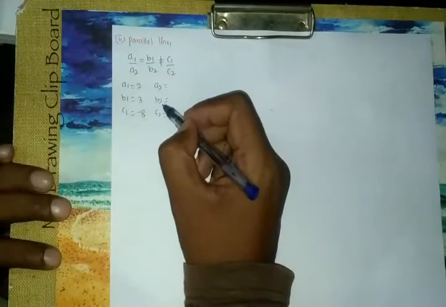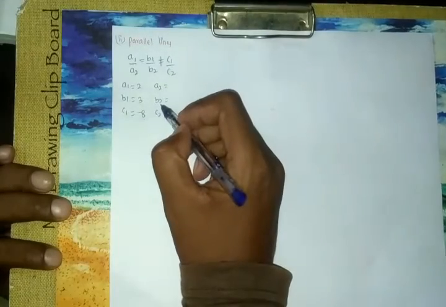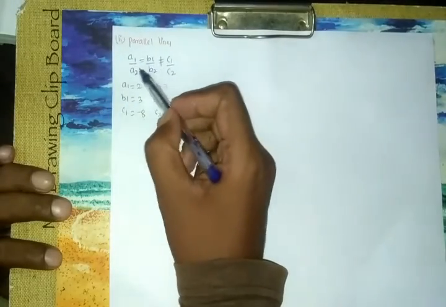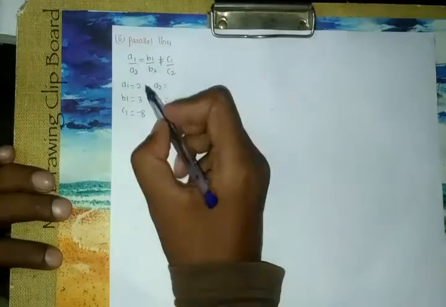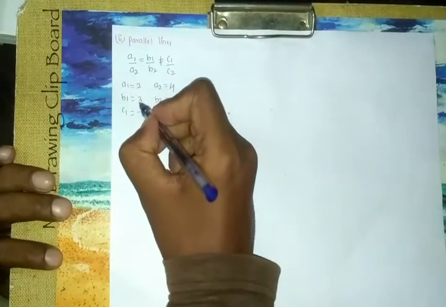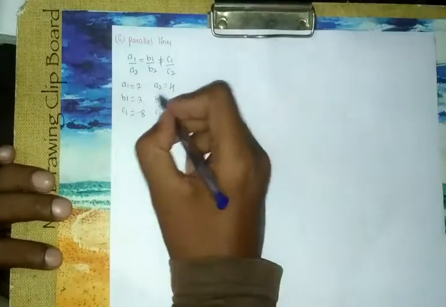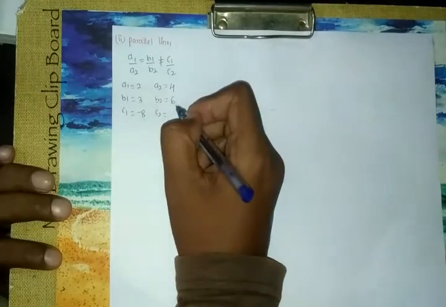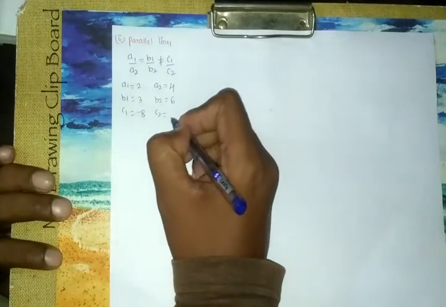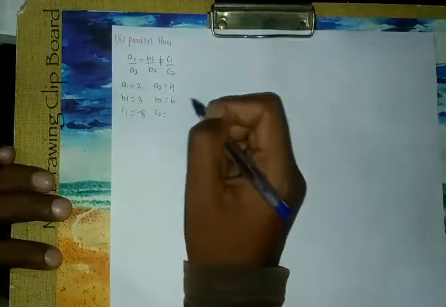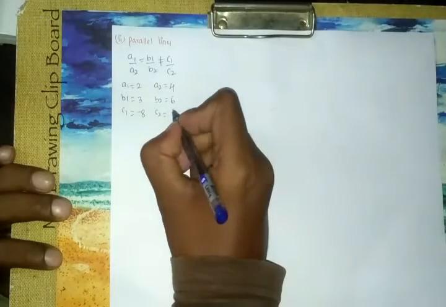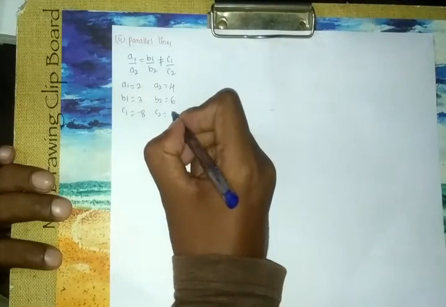So what should be the value of a2 and what should be the value of b2? Here we have to make the ratios equal. So when we want to make the ratios equal, I will take here the double of a1, say 4, and this I take as 6. The c2 you can take any random value, so let me select this as, say, 5.